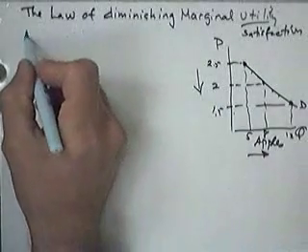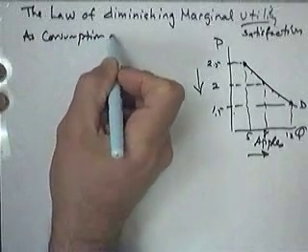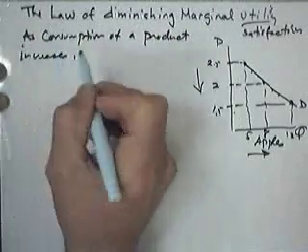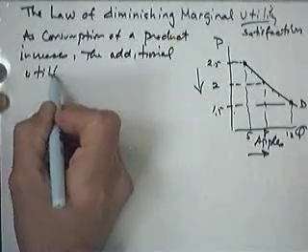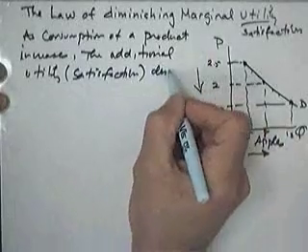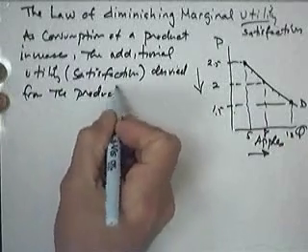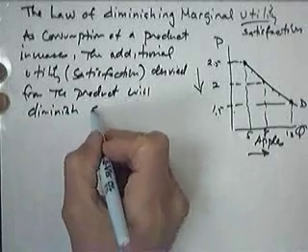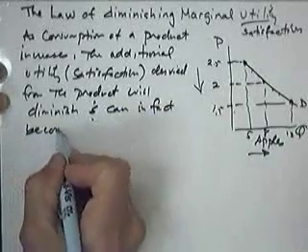It essentially says that as consumption of a product increases, the additional utility or satisfaction derived from the product will diminish and can in fact become negative.